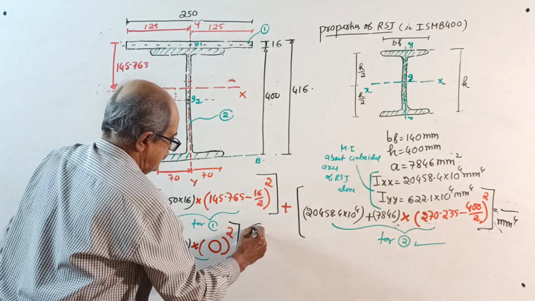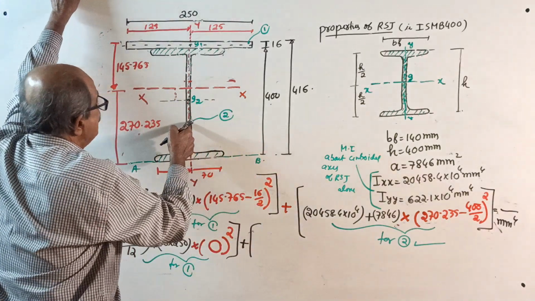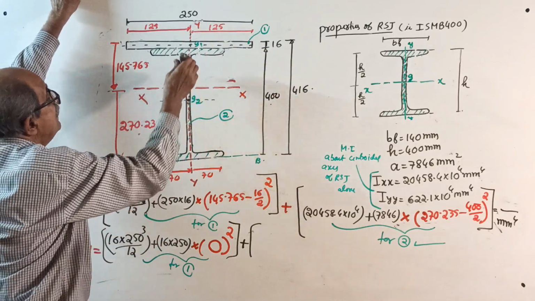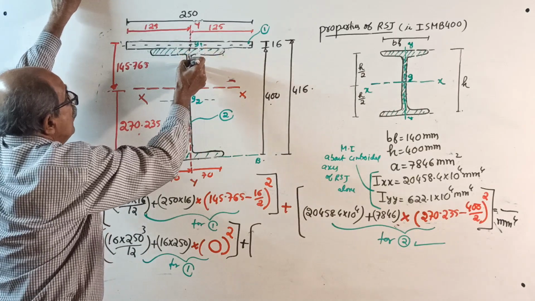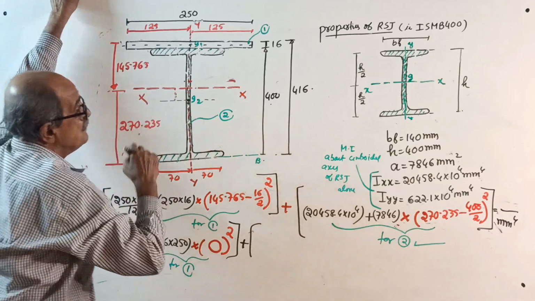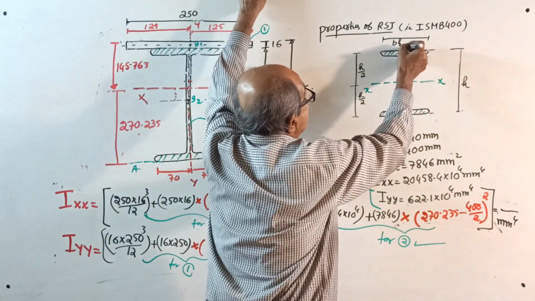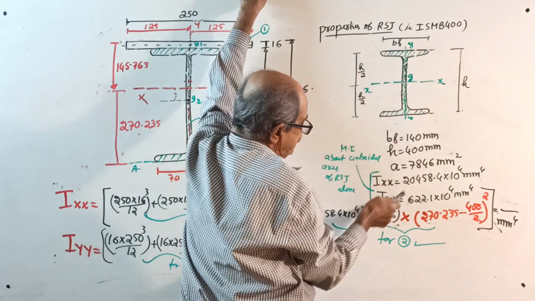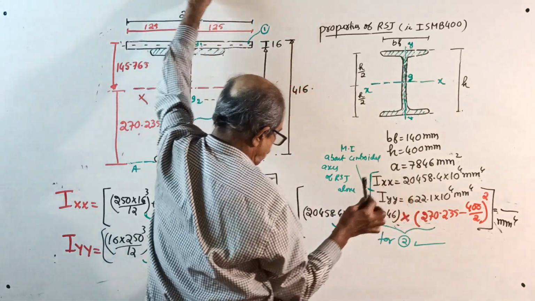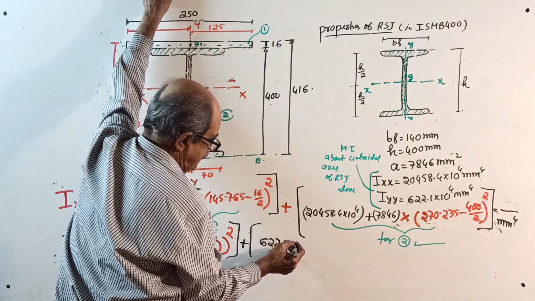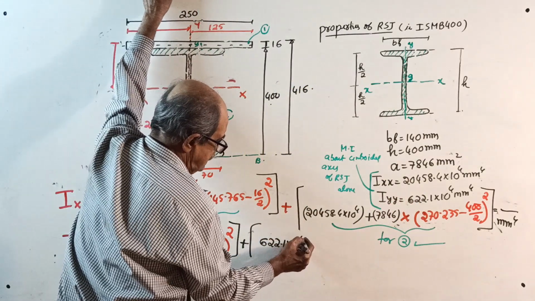Plus for 2. Come to this I section. We want I about YY. Come to centroid. The axis passing through the centroid parallel to YY is this axis. I about that axis is 622.1 into 10 to the power 4, that is IG.